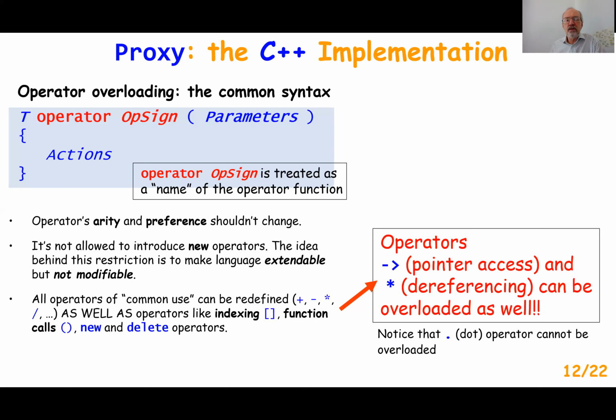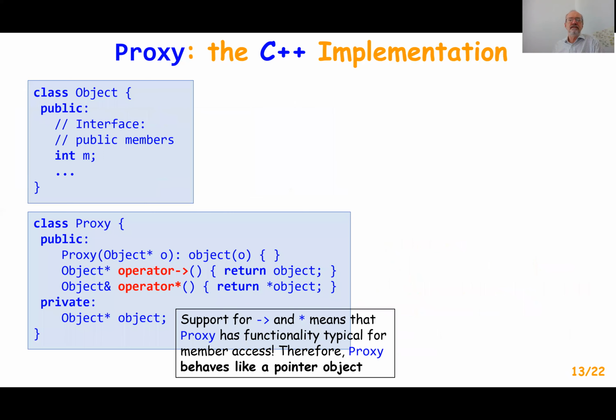So let's come back to proxy implementation. Look carefully at what I have written here. Let me move my window here. So look, this is the more detailed version of our wonderful pair. Two classes, object and proxy. Proxy should be made as a replacement for, or placeholder for, object.